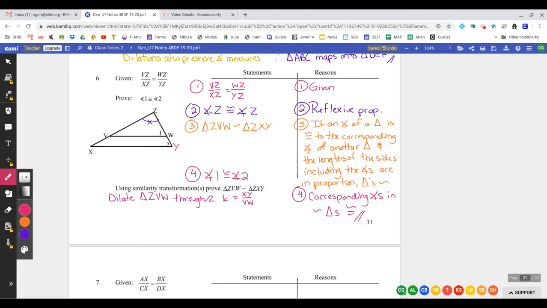The way that I want to double check that is that my K times my VW equals my XY, whatever my scale factor is.